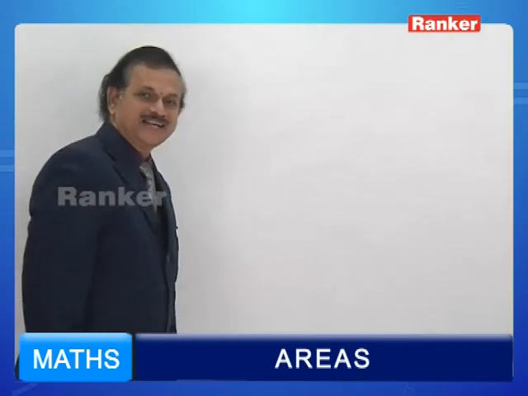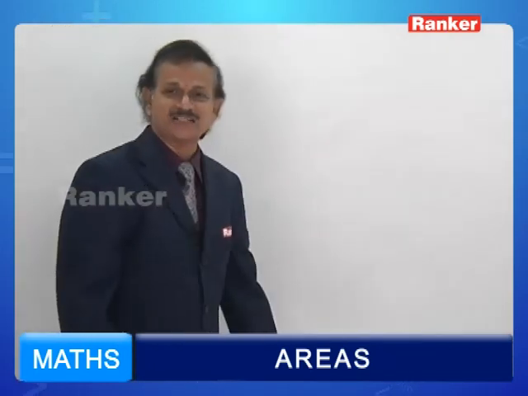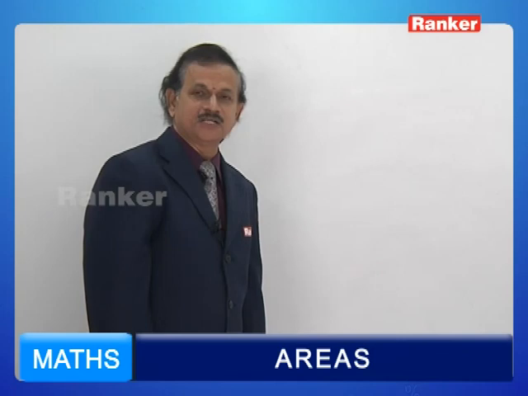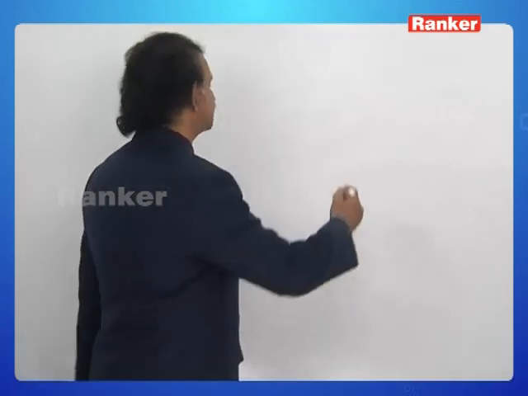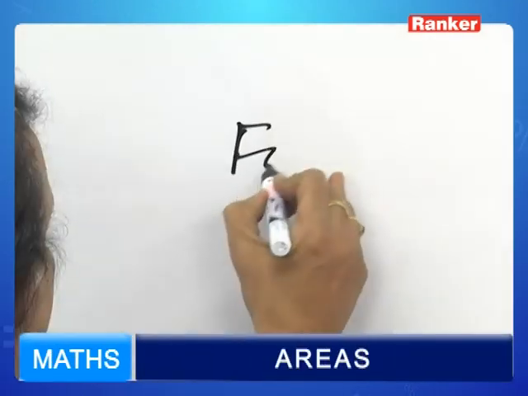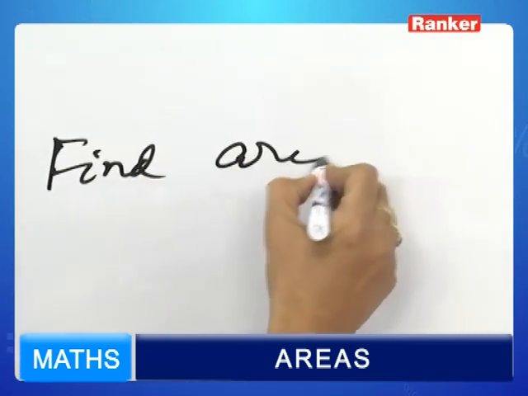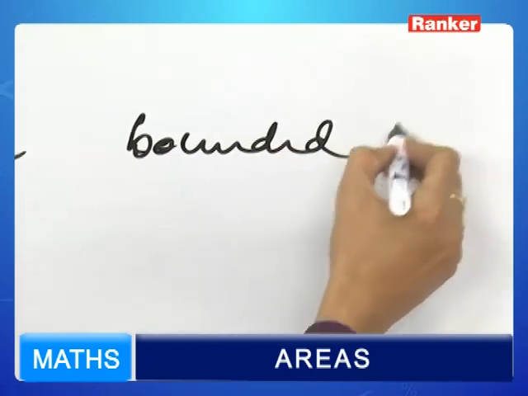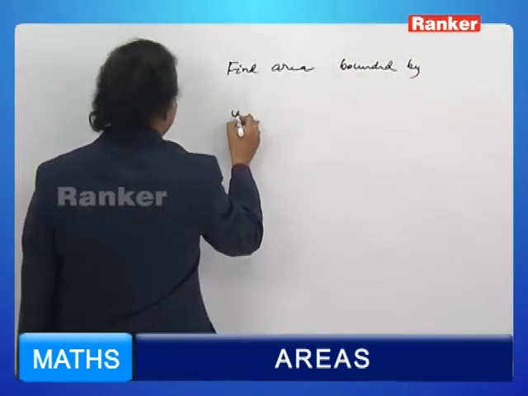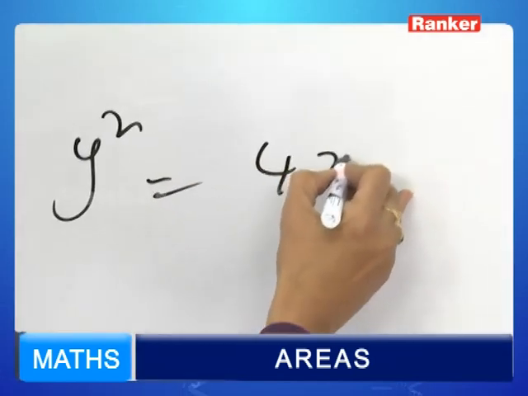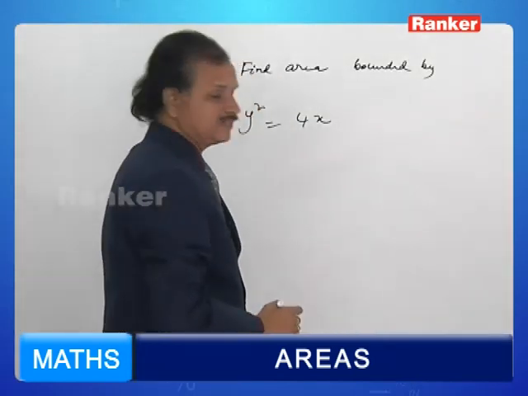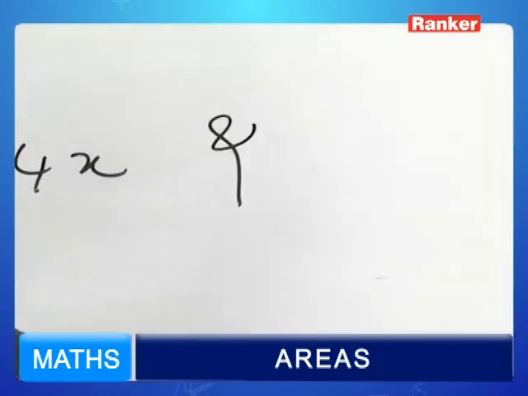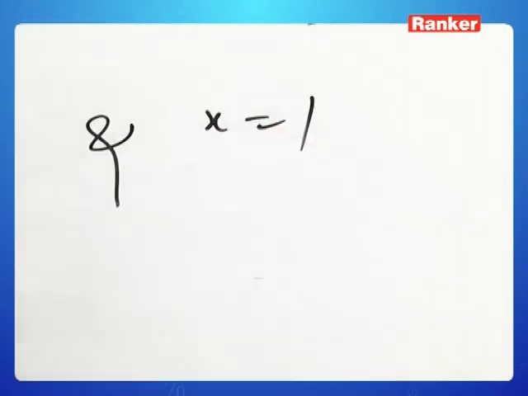Next one. There are certain concepts which are to be kept in mind while finding the area. Out of them, the first concept is symmetry. For example, find the area bounded by y square is equal to 4x and x is equal to 1.